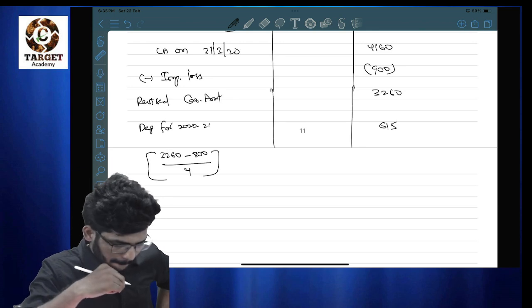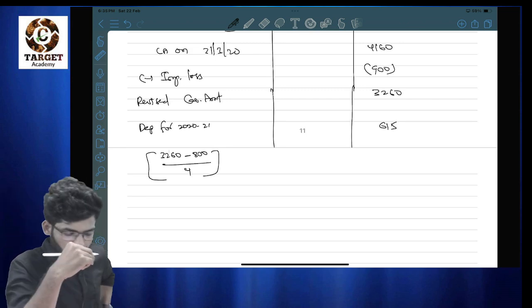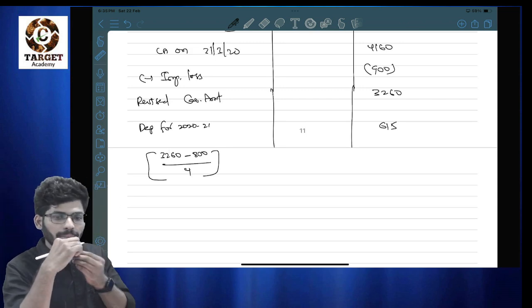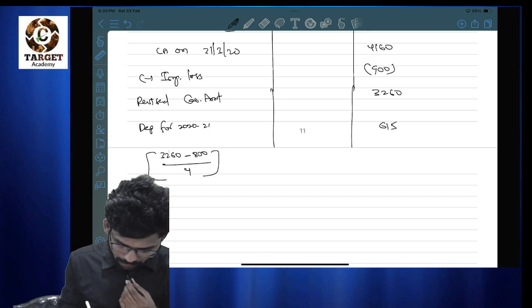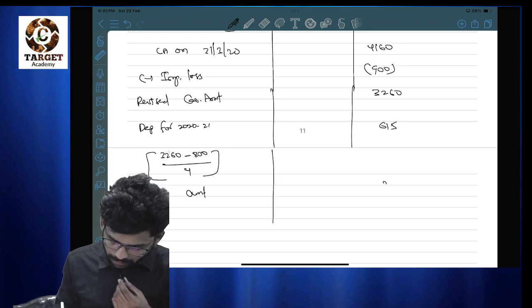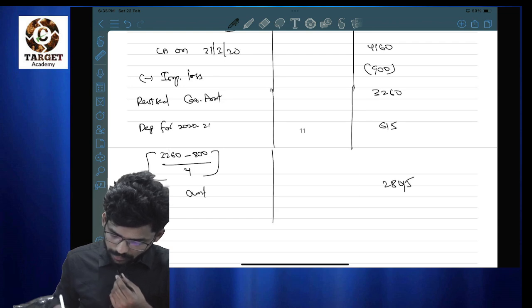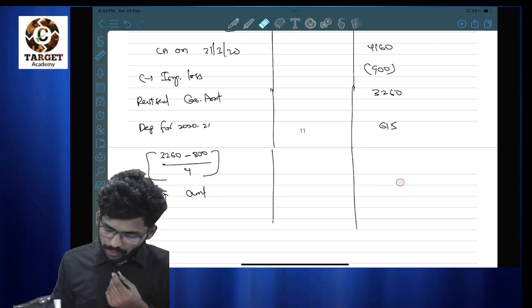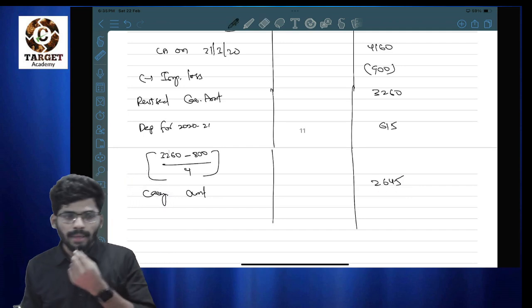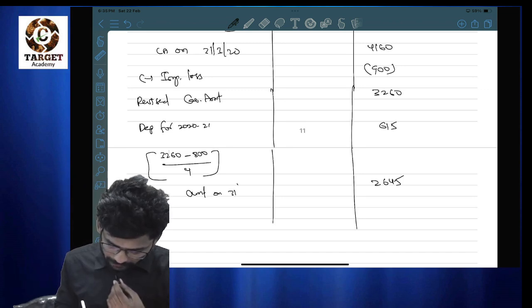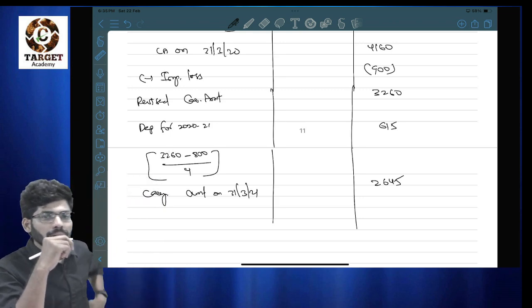Okay, now you can write the balance carrying amount. How much? 2445 or 2645? Carrying amount on 31st March 21. Correct?